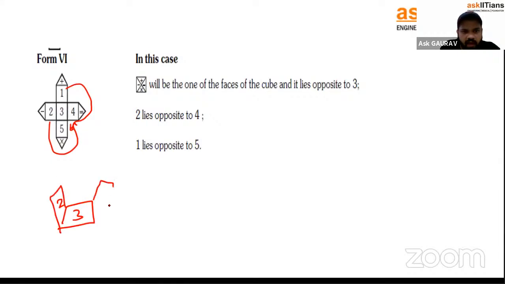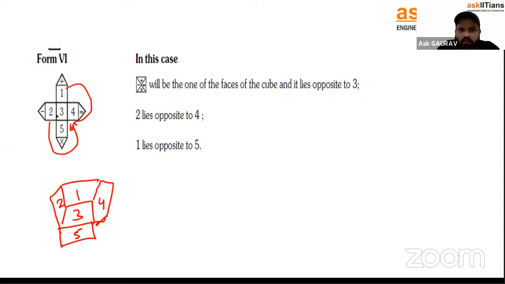I'm just making a rough diagram. This will be 4. If you flip the 2 side and the 4 side, they will be opposite. If you flip the 1 side and the 5 side, this is a 3D figure, I cannot make it here. So this 2 side and 4 side will be opposite. 1 side and 5 side will be opposite.